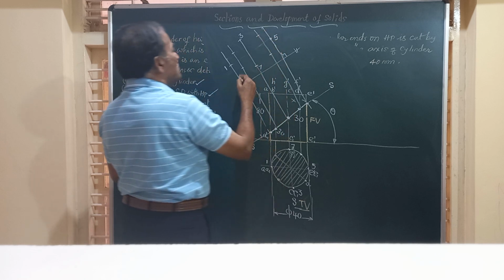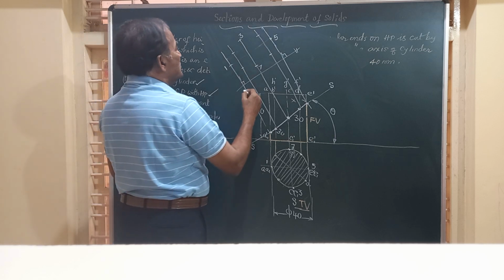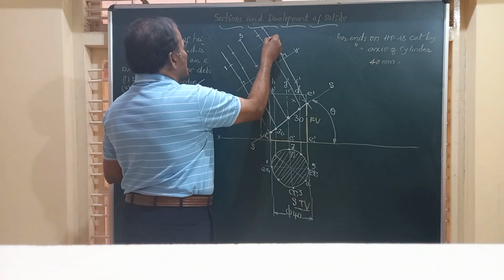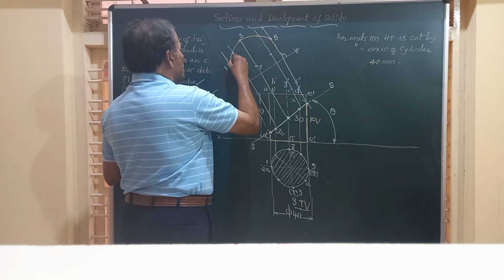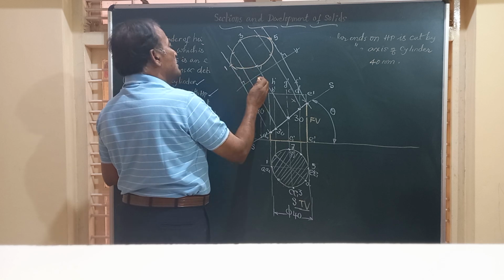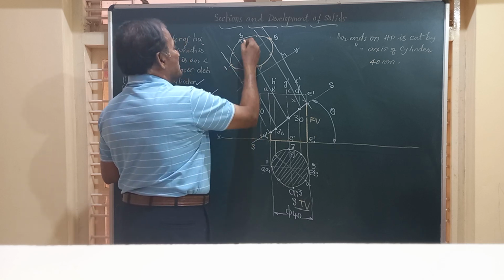And friends, all these points are symmetrical about the line 1, 5. Join all these points by a smooth continuous curve to get the true shape of the section, which is going to be an ellipse in this case of cylinder.